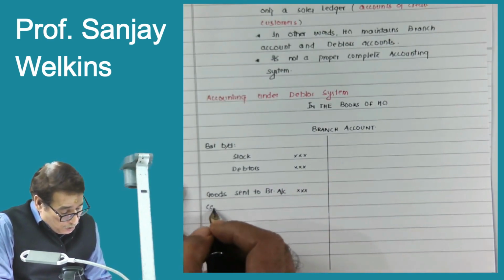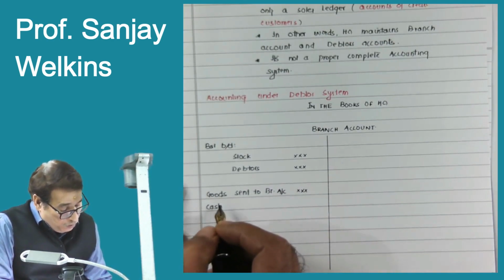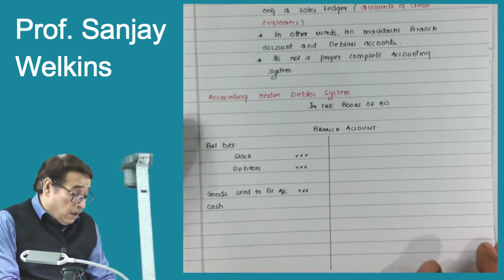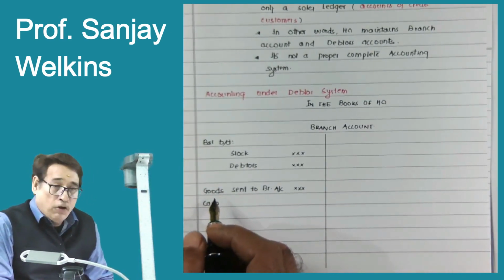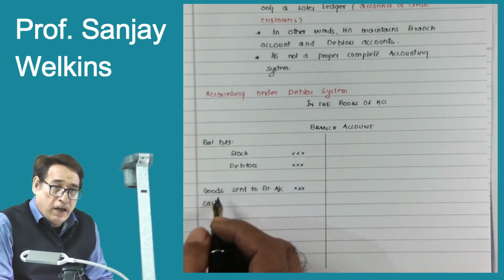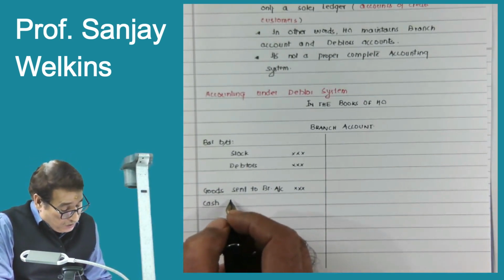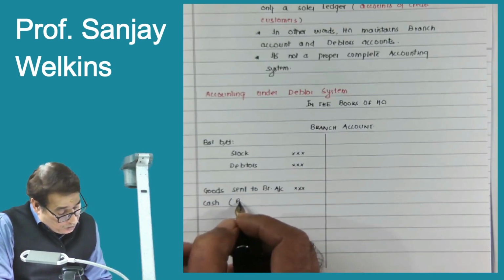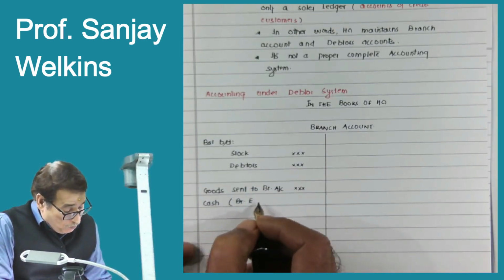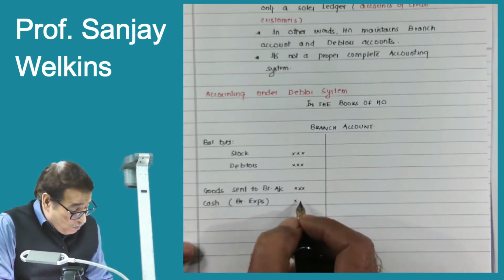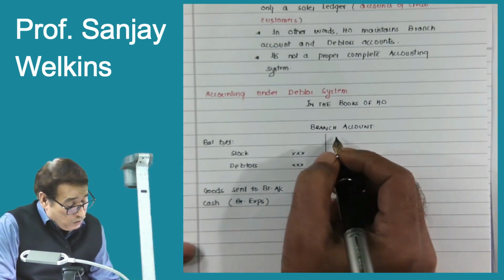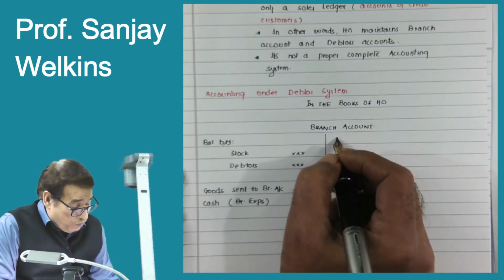To cash. I've already told you, head office will bear all the expenses of the branch. Indirectly, it means that head office shall send cash to the branch for expenses. So write in brackets: branch expenses. And here on the opposite side, we shall write by remittances.